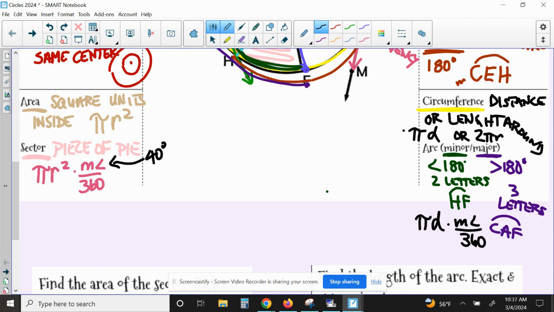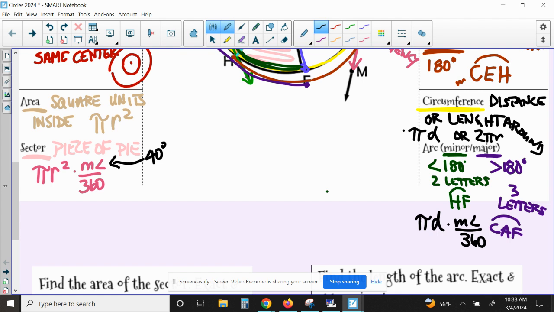If you're going to do the area of the whole circle, you do your formula. If you want part of the circle's area, you multiply by the measure of the angle over 360. Same thing here. If you want the length all the way around a circle, you just use diameter. If I want the length just some of the way around, I have to do the whole thing times the measure over 360.